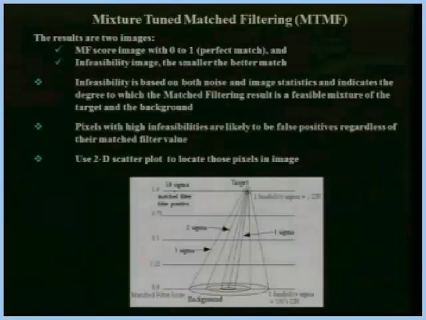The higher the score, and this matched filter score image will be 0 to 1, if it is 1, it is a perfect match, and the smaller the infeasibility value, the better the result. Infeasibility is based on both noise and image statistics, and indicates the degree to which the matched filtering result is a feasible mixture of the target and the background.